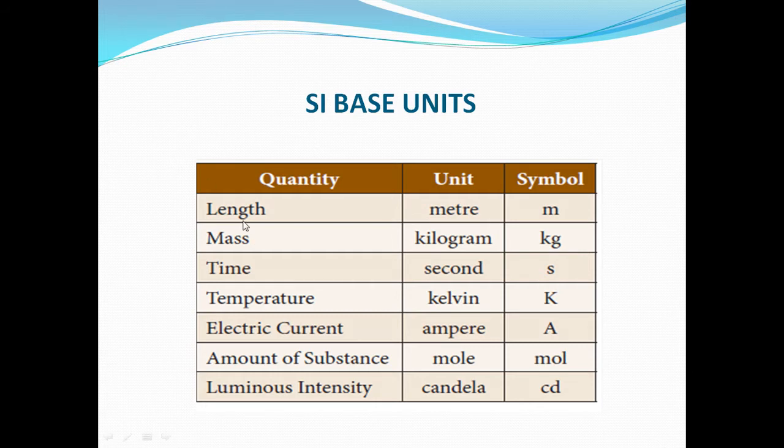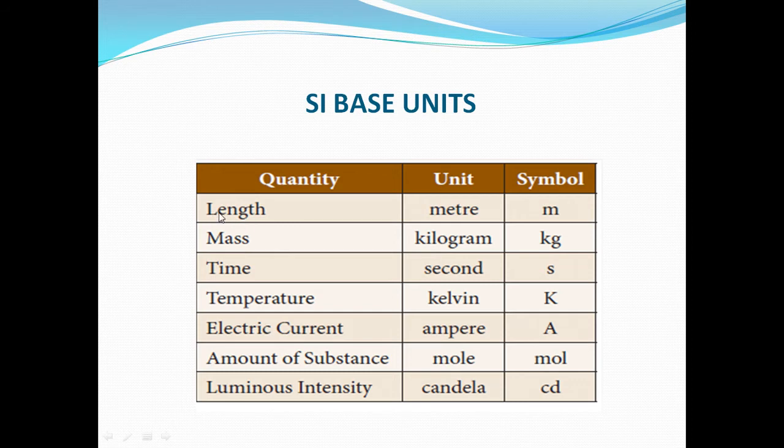The first is length, then mass, time, temperature, electric current, amount of substance, and luminous intensity. We learned length, mass and time in lower classes.